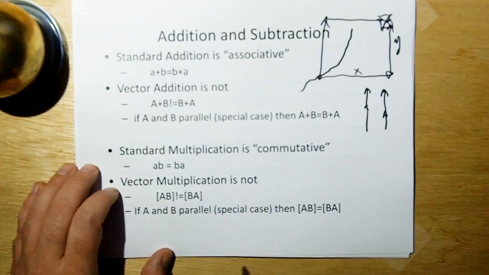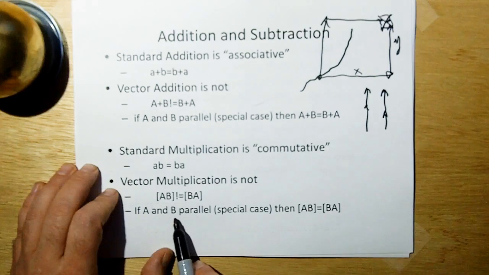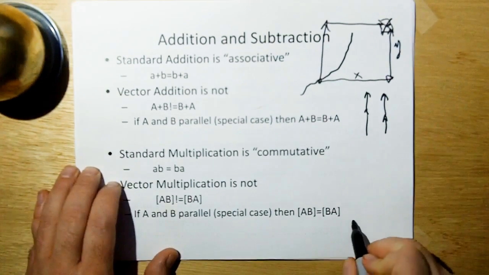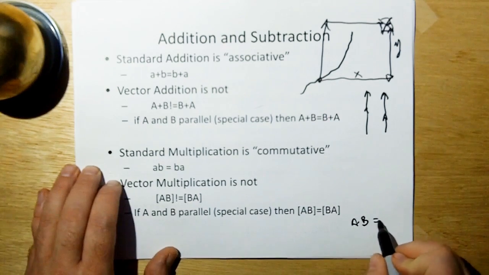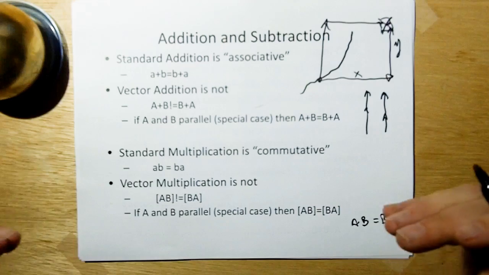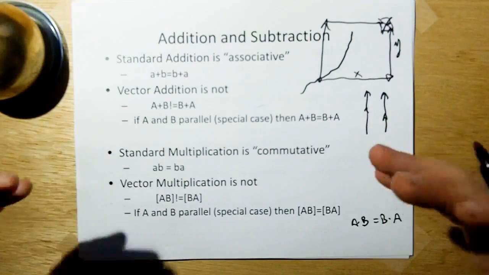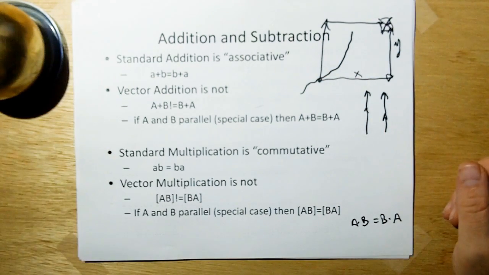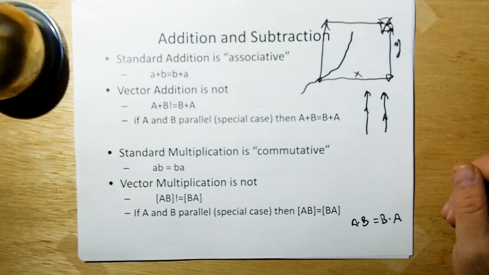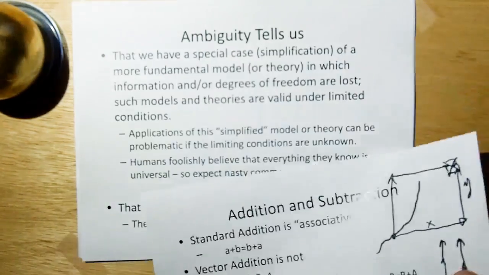Same with multiplication. If A and B are parallel, you're going to get the same answer for a vector multiplication, which works out to just A dot B is going to equal B dot A. Okay, so this shows that regular standard arithmetic is a subset. It's an ambiguous subset. It's a special case of vector algebra.